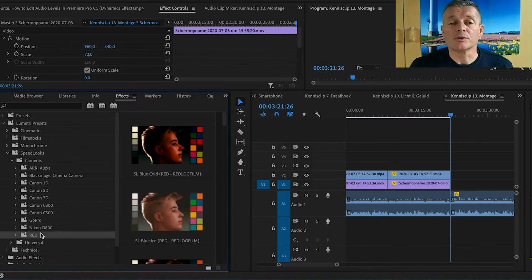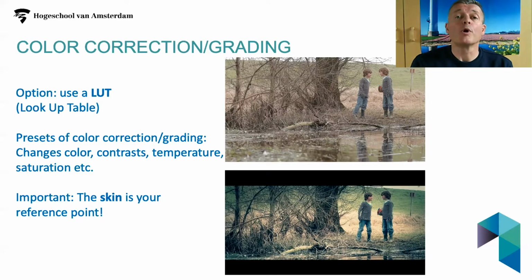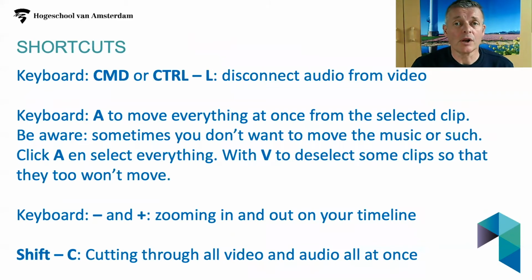That's very nice because sometimes you film with a GoPro or a smartphone, 2 smartphones, another combination with an HDV camera, of course. And with these LUT presets, you can get the colors on the different cameras more alike. And be aware, the human skin is always your reference point. Look at the second shot of these boys. The color of their faces is still okay, even after color grading or color correction.